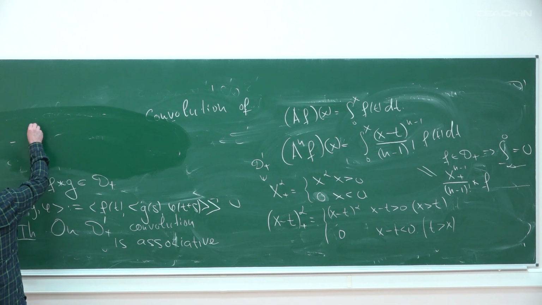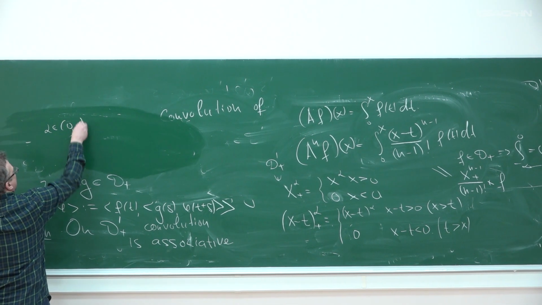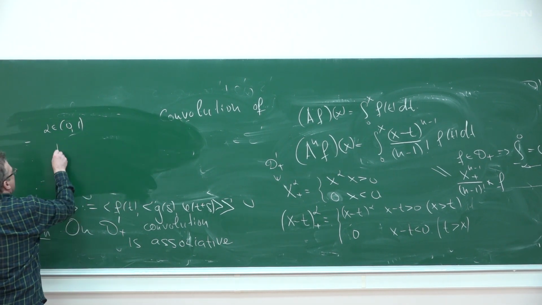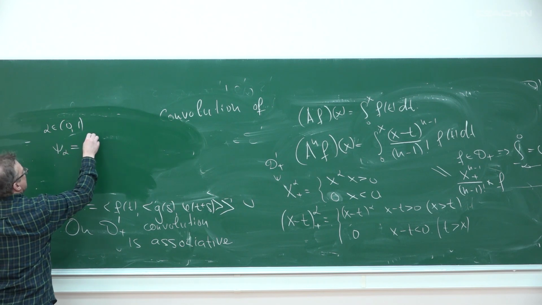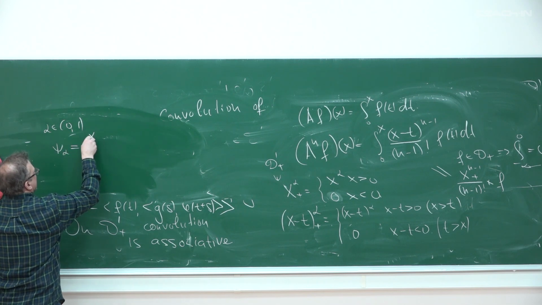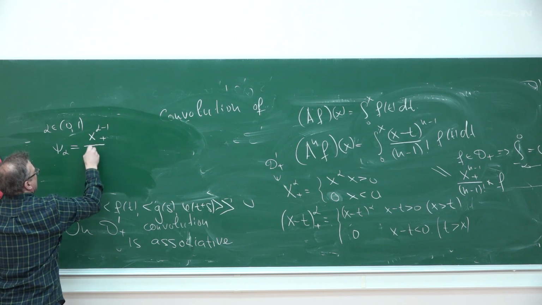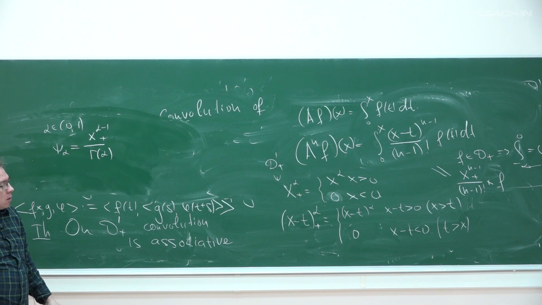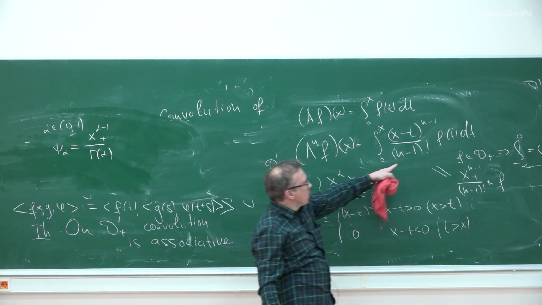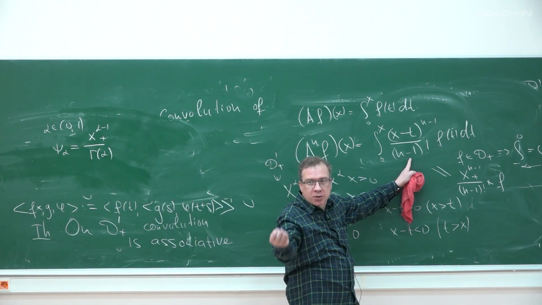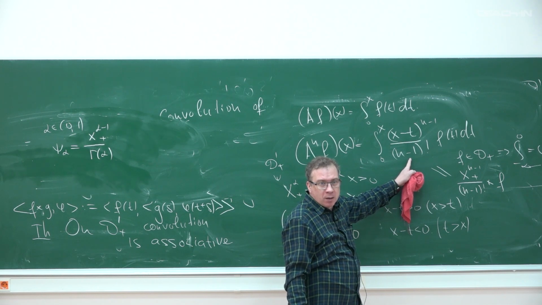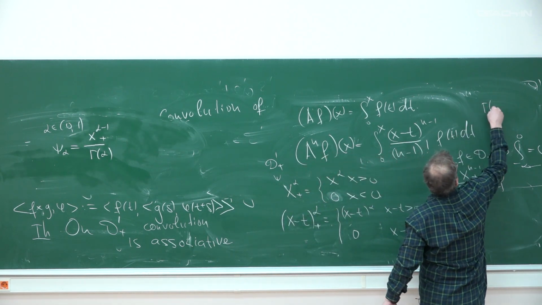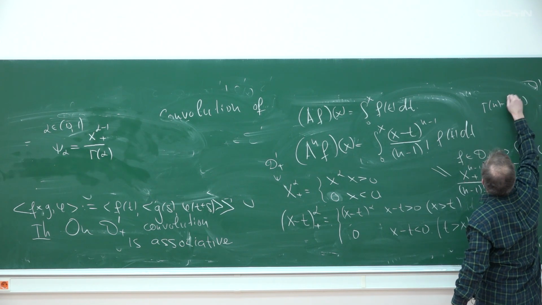For example, take alpha from 0 to 1. Consider the function psi alpha. How do we change (n-1) factorial? I consider gamma functions. I use that gamma of n equals (n-1) factorial.